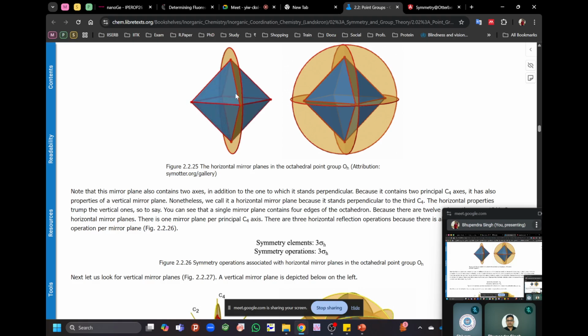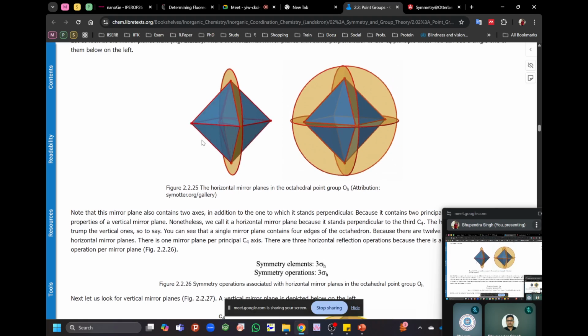This is how the plane looks like. See, here is also animation is present. See, this is your plane. So it will reflect this part to the other side and vice versa. So how many planes are you able to see? 1, 2, and the 3. This one, I think it is easier to visualize.